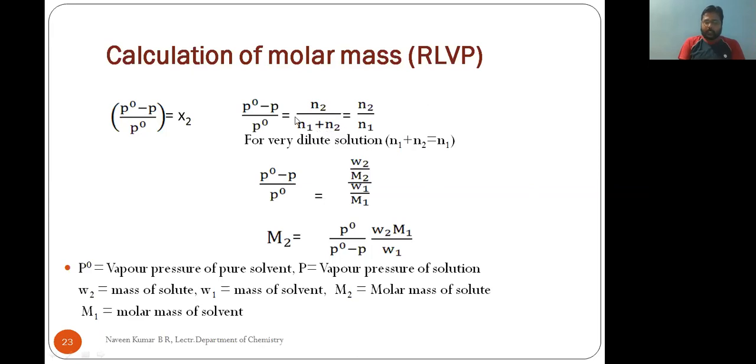In the denominator, we'll approximate N1 plus N2 as approximately equal to N1. This condition is taken here to get the molar mass of solute in rearranged form.